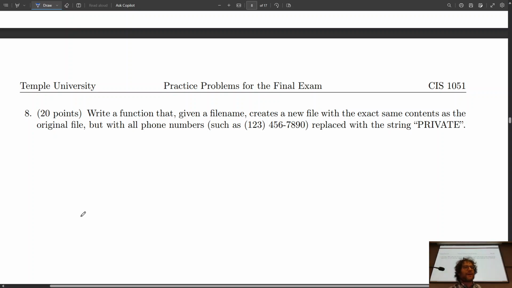Write a function that, given a file name, creates a new file with the exact same contents as the original, but with all the phone numbers replaced with the string private, right? And then I gave you a format as to how I'd expect phone numbers to look. I like that one as a practice problem because with parentheses, you sometimes have to escape those, but otherwise it's digits and stuff.